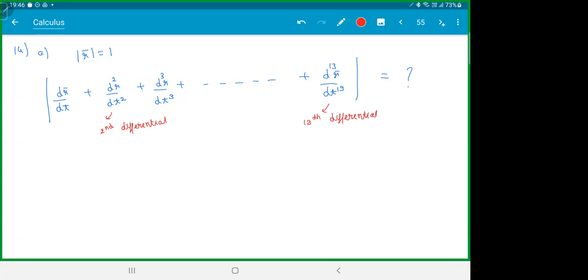I'll give you a minute. It's a good one. Now, if you know that concept which I taught you, it will be quite easy. If you don't know that, this will be weird. Try. I'll give you a minute or two. Try this.